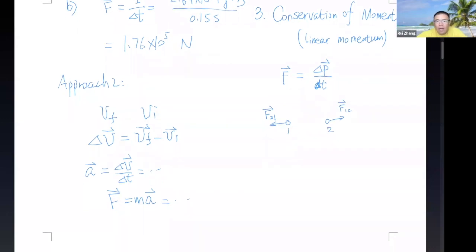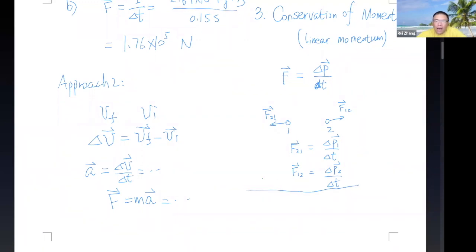Now let's write down Newton's law for each one of the objects using this form. For object 1, we will have F21 equals delta P1 divided by delta T. Similarly, for object 2, we have F12 equals delta P2 divided by delta T. So let's add them together.